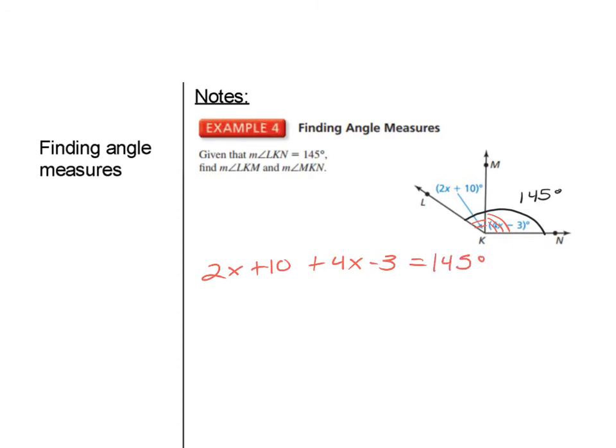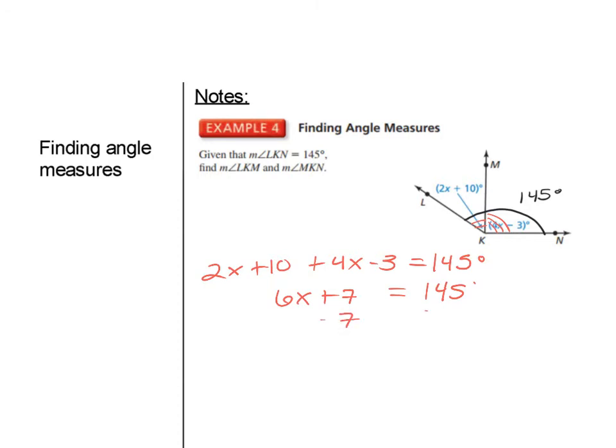So now I've got a two-part problem. I have to solve for x, and then I have to plug it back into each of those individual angles to find the individual measurements. Does that make sense? So of course, I'm just going to do some simple algebra here. I'm going to combine my like terms. So I have 6x plus 7 equals 145.